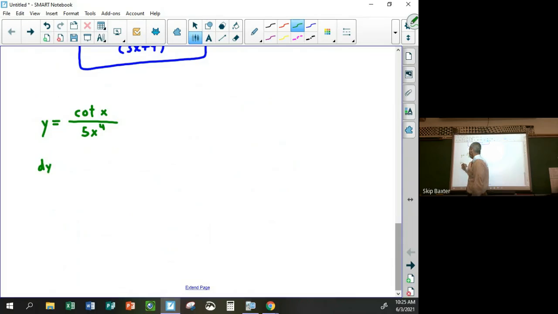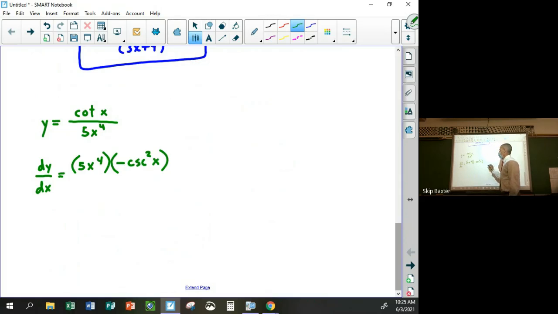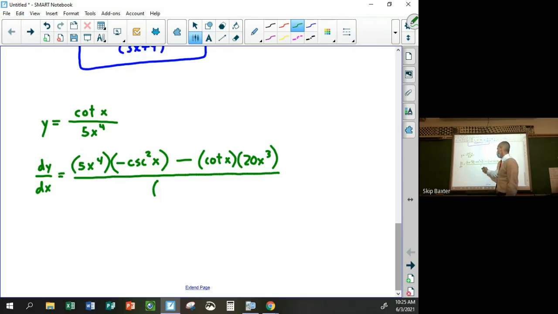So dy dx is the bottom, 5x to the 4th, times the derivative of cotangent, which if you remember is negative cosecant squared x, minus the top, times the derivative of the bottom, 20x cubed, over the bottom squared.